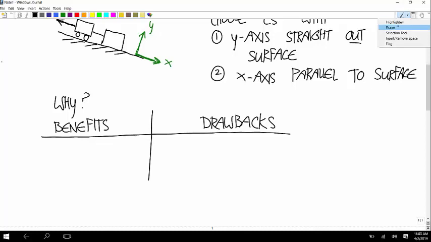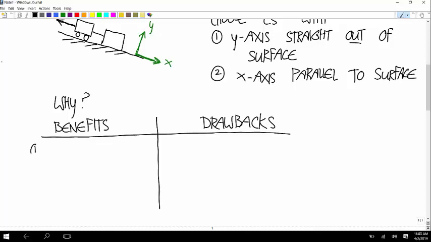First, the benefits. The only reason to choose a coordinate system in one specific orientation is that the components of the vectors are going to get simpler. And that's what we're going to see here in a few cases.